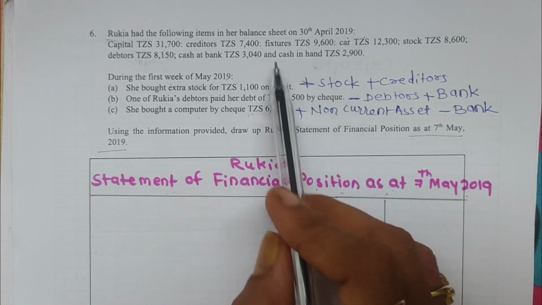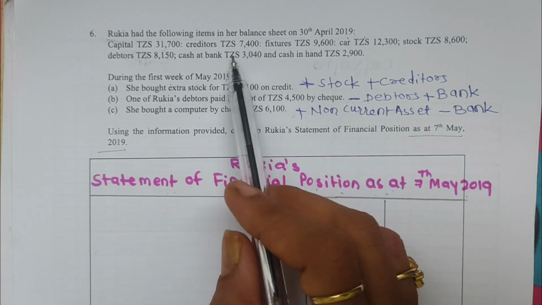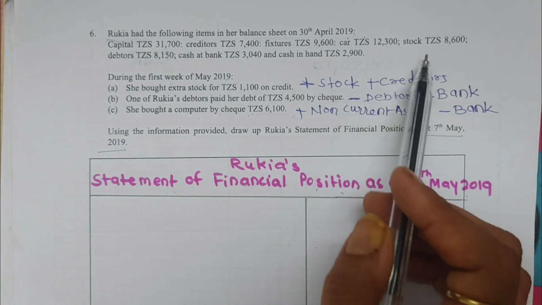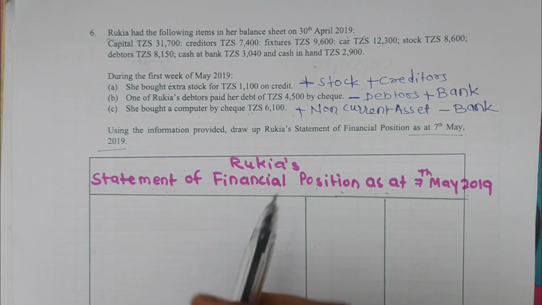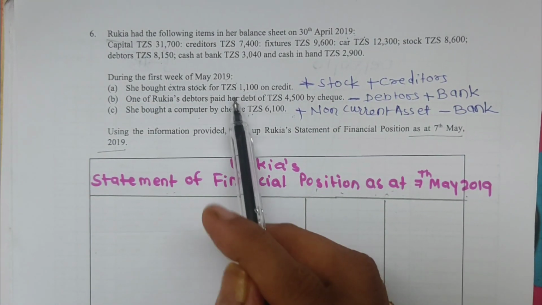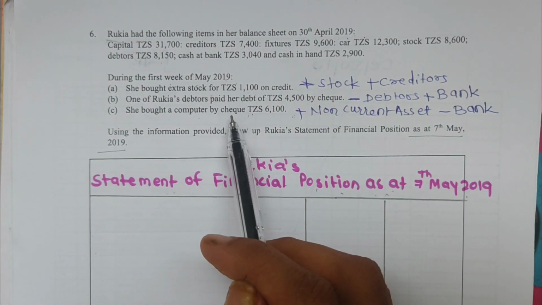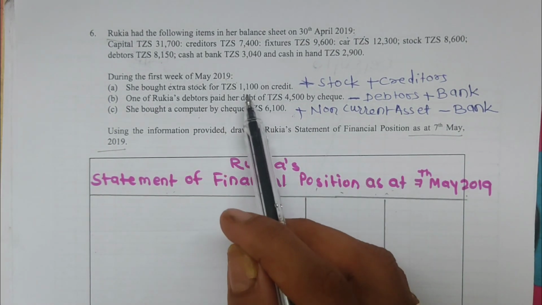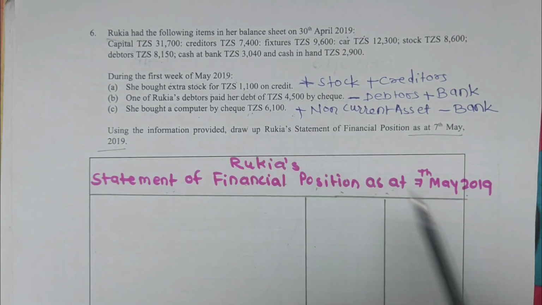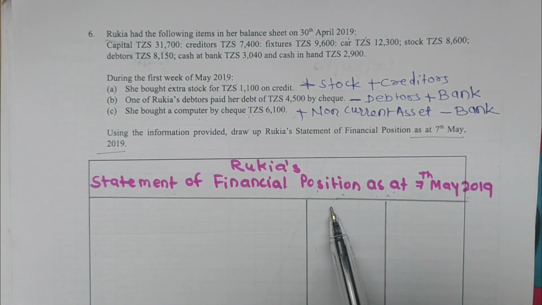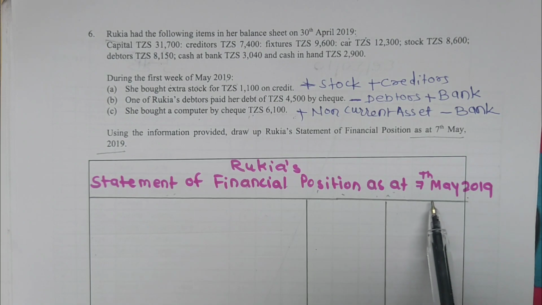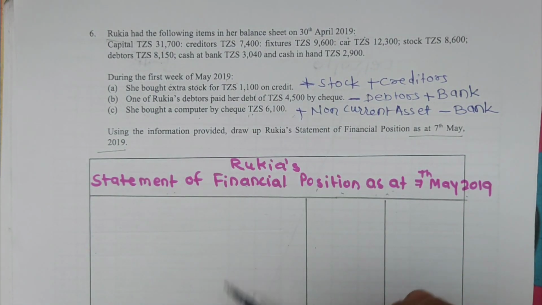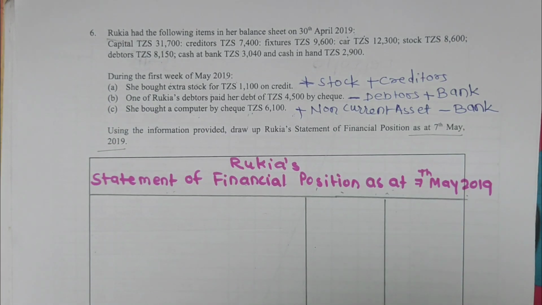So these are the amounts for the different items like cash at bank, fixture, stock. And now in the first week of May, again there are some transactions taken place. So we have to give the effect of these transactions as we are preparing the SFP as at 7th May. So we have to consider this adjustment when we are preparing SFP.